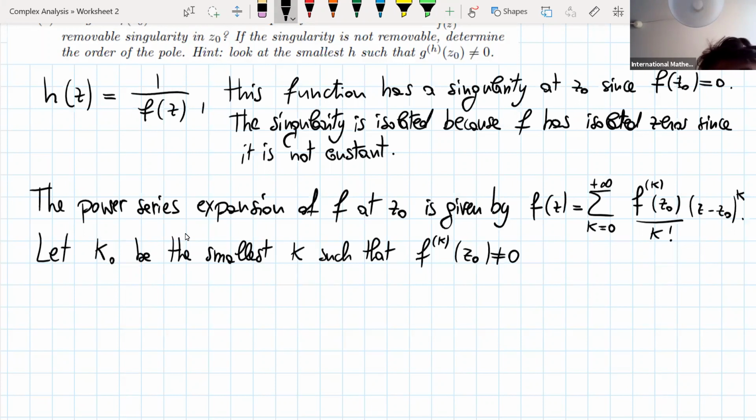Also, this number k0 will be some number bigger or equal than 1. And notice that this number exists because if all the derivatives of f are 0, then all the coefficients in the power series are 0, and then we find once again that f is constant, which we know is not true.